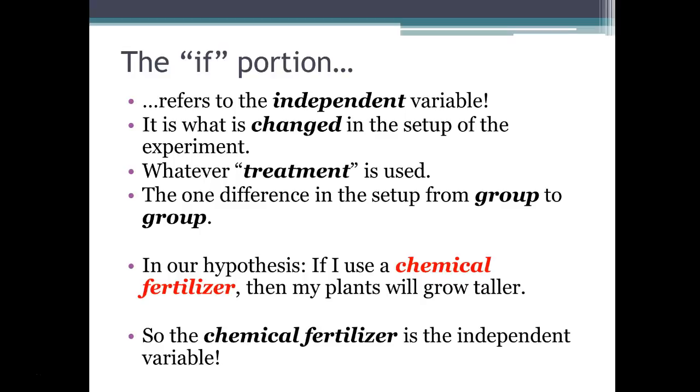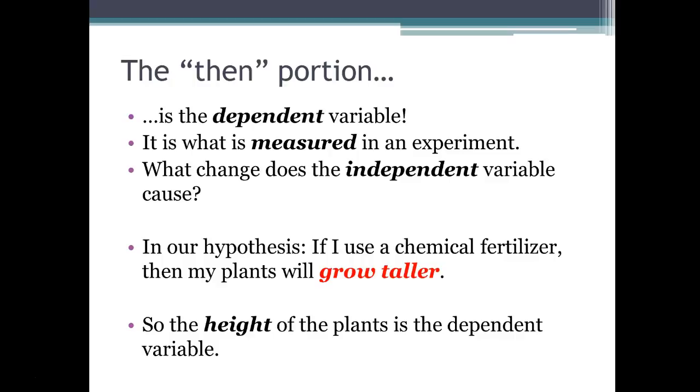Now you might say, well, I'm testing the plants to see if they're going to grow taller. But remember, it's what you're testing to see if it will make a difference. Here we're testing a chemical fertilizer to see if that's going to make a difference in the growth of the plants, and so that's why it's the independent variable.